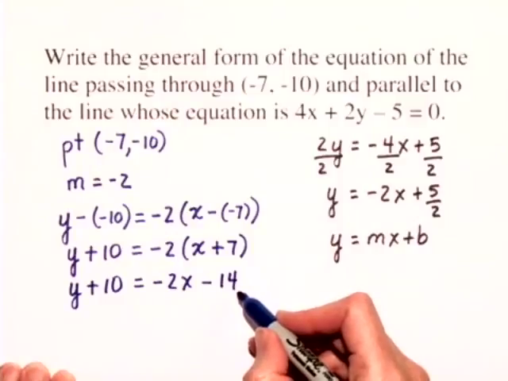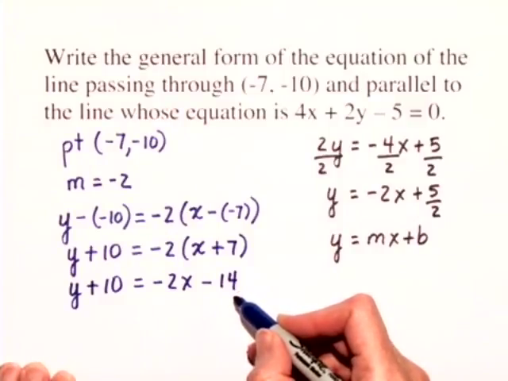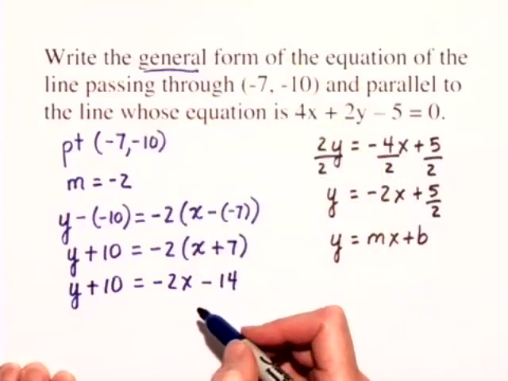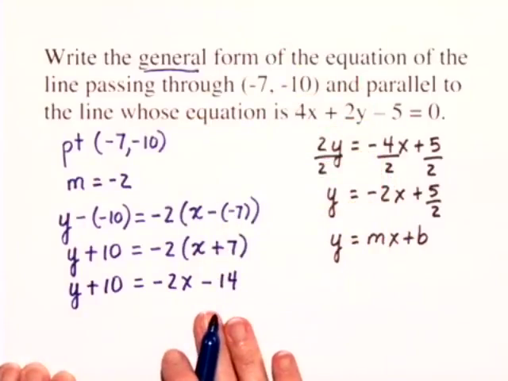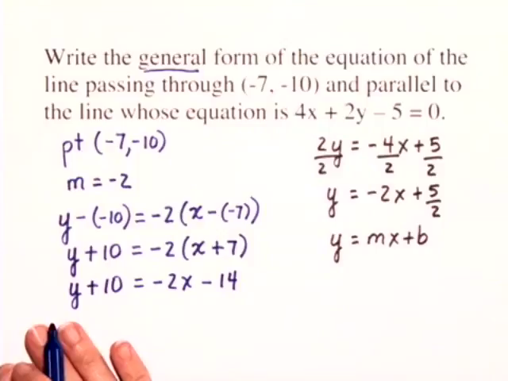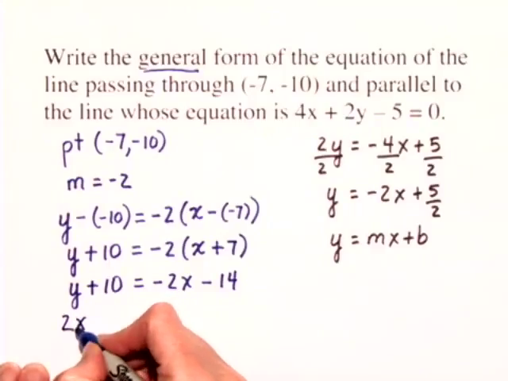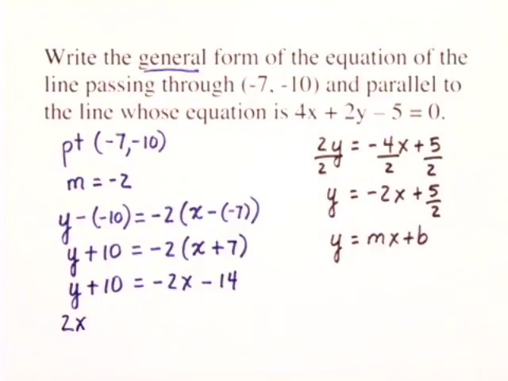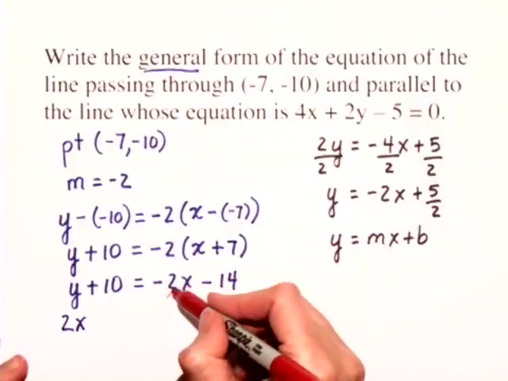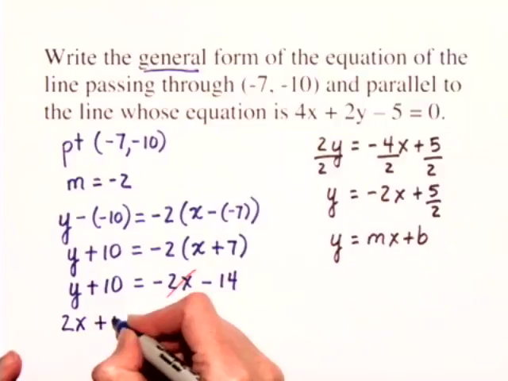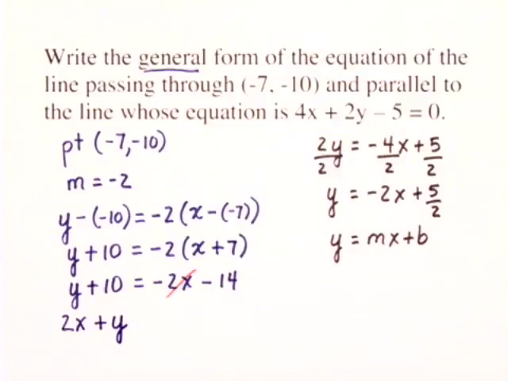Now let's keep in mind what the instructions were. We want the general form of a linear equation. So the general form means we simply put all the terms on one side and set it equal to 0. So I'm going to move all the terms to the left-hand side. This -2x will become positive 2x over on the left-hand side. And then the left-hand side already has the y term, plus y.